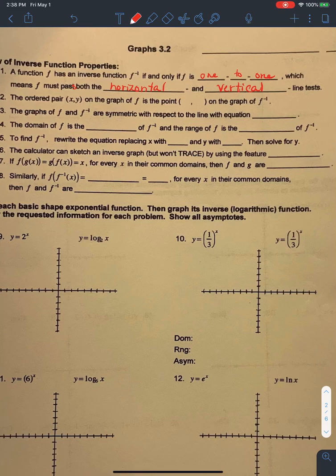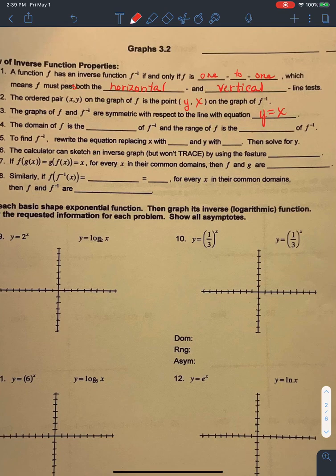Okay, the ordered pair x, y on the graph of f gets turned around when it's on the graph of the inverse. So that means it would be the point y, x. If the graphs really are inverses, they will be symmetric across a specific line, and that line is the y equals x line.